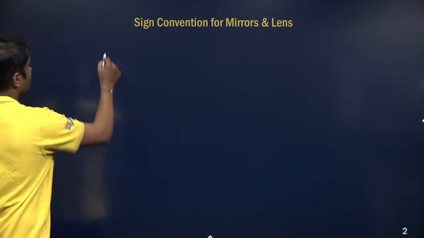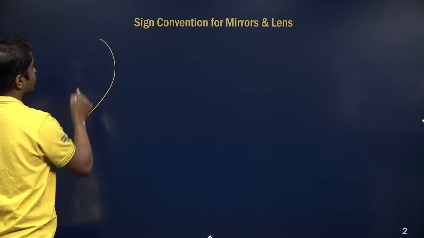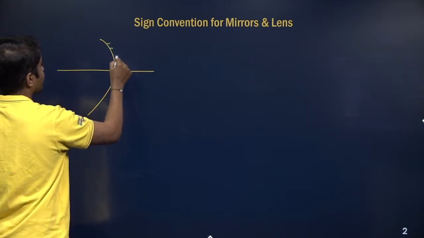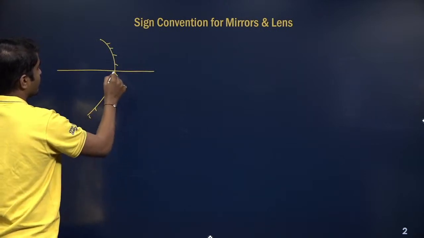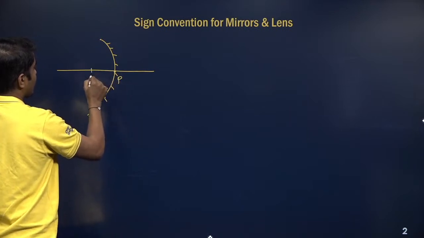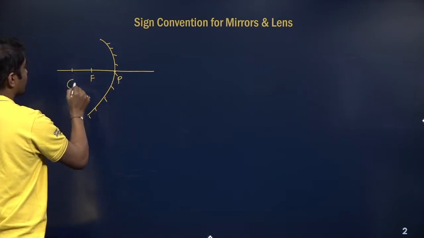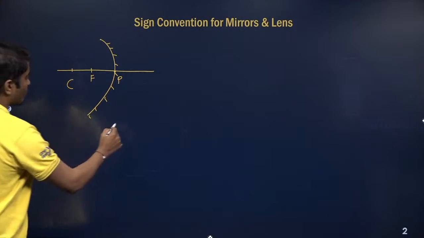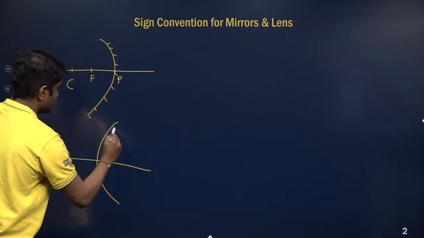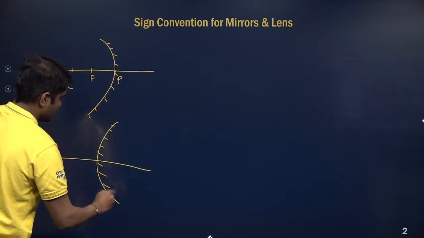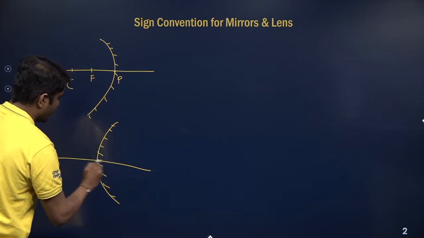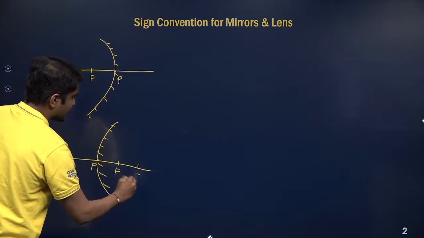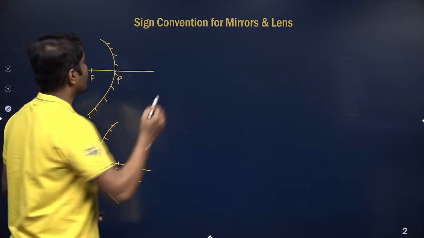So we know there are two mirrors. This one is concave: there is a pole, then we have focus and center of curvature. Then we have the convex mirror: there is a pole, focus and center of curvature. Then we have two lenses.